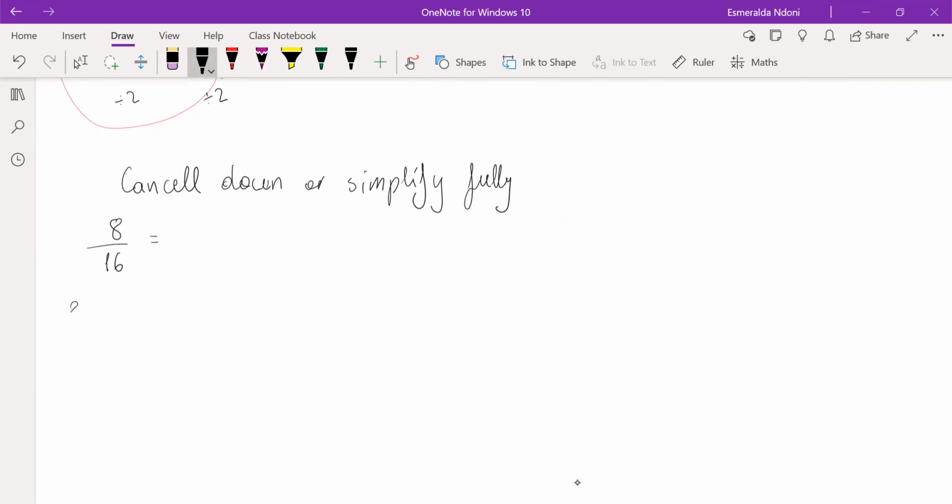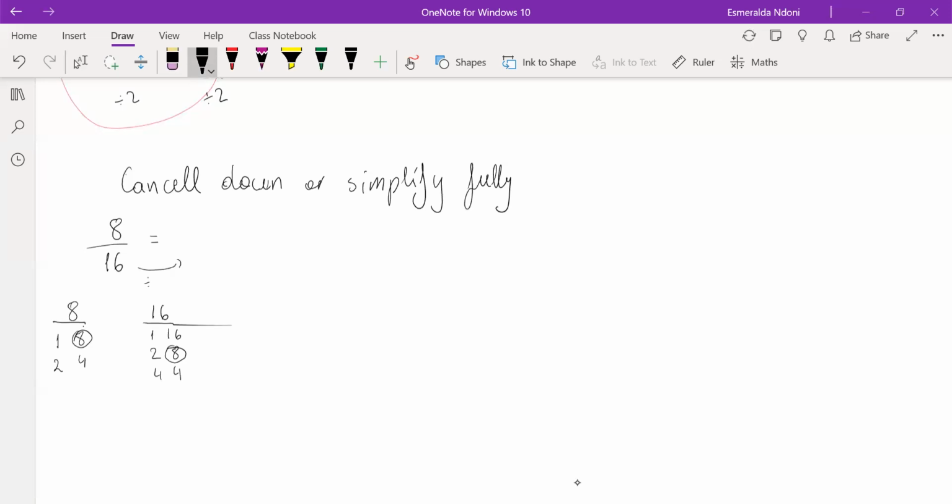And we know how to do the factors of 16 and 8. So factors of 8: 1 and 8, 2 and 4. Factors of 16: 1 and 16, 2 and 8, and 4 and 4. So we can see that the highest common factor is 8.